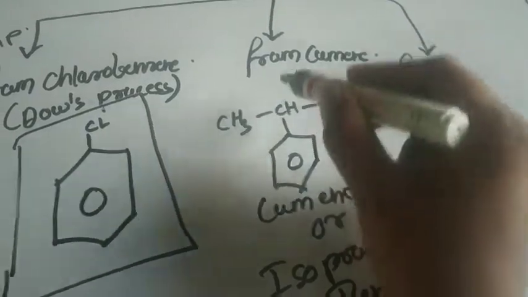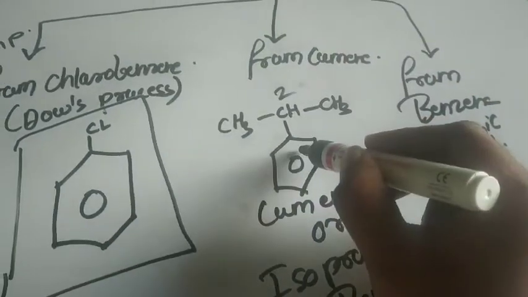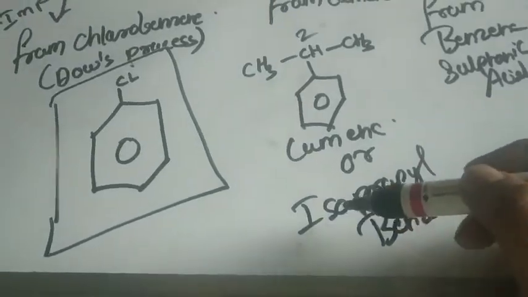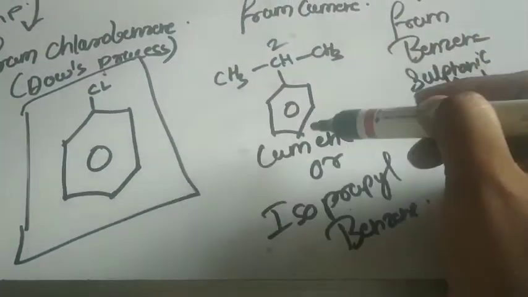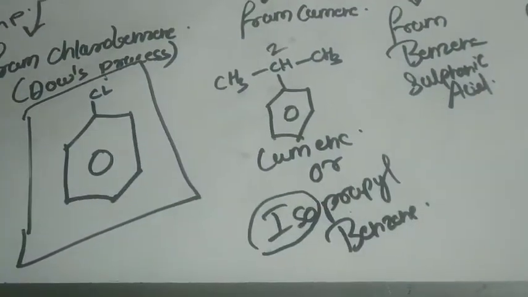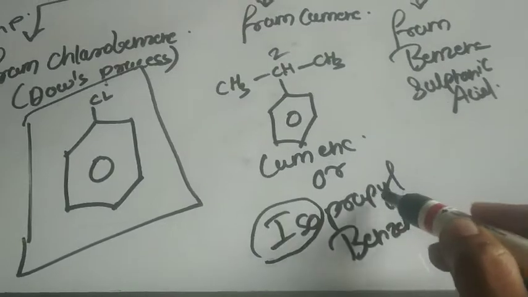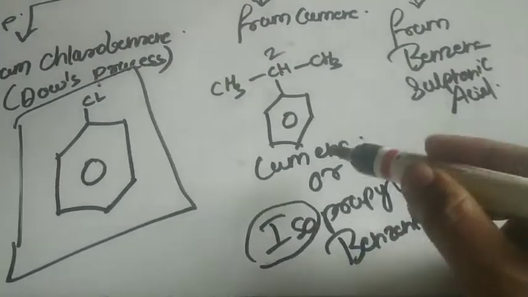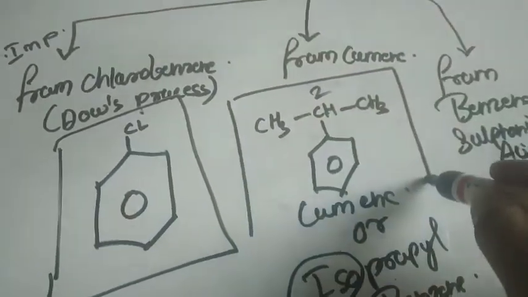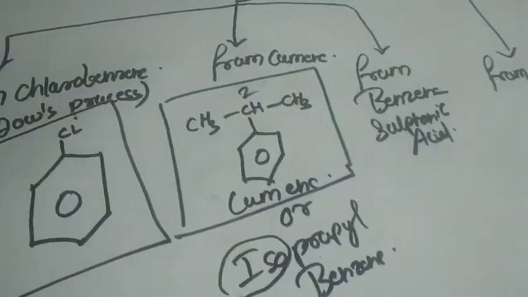At the second position we have a benzene ring as the substituent, so it becomes iso. I told you, whenever any substituent is at the second position, we put the prefix iso. So isopropyl benzene or cumene. This is the compound we are going to use in this reaction.